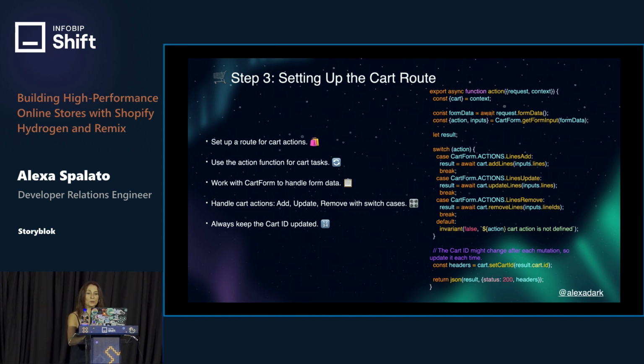Then we've got a switch statement to manage all the cart actions. So depending on the action, we trigger the different cart function: add, remove, or update lines. And a small but crucial detail is the cart ID. It can change, so we always make sure to get it updated.